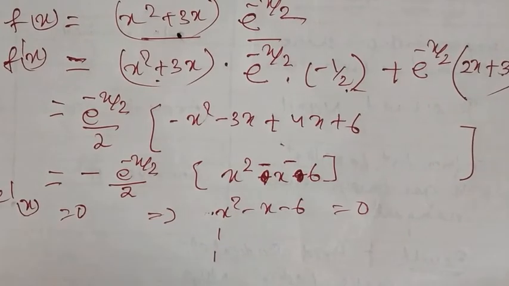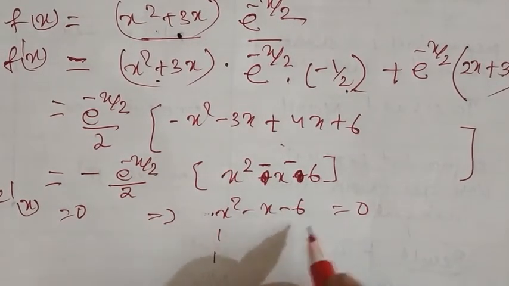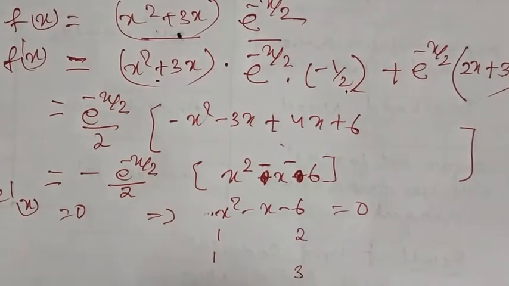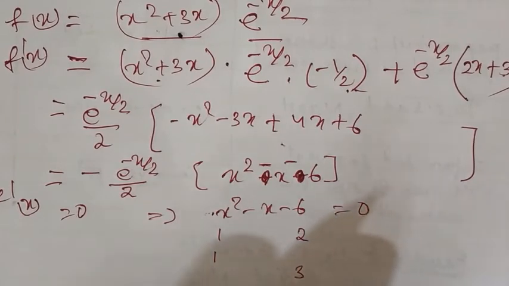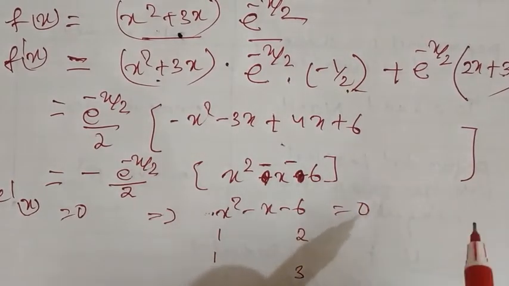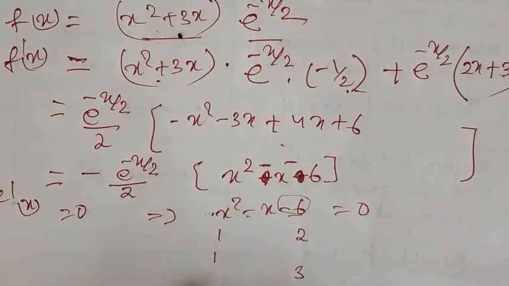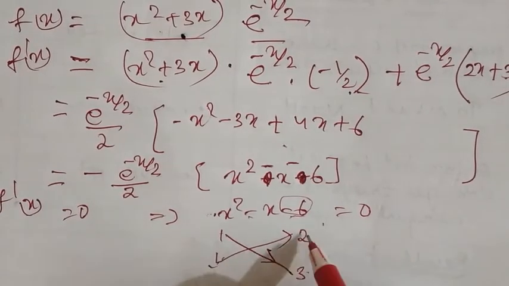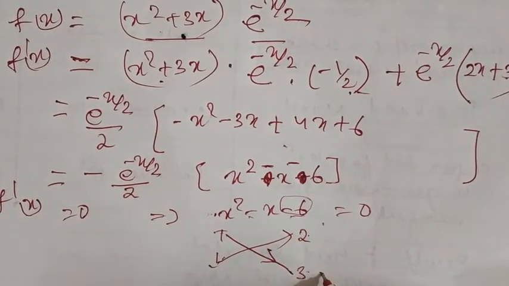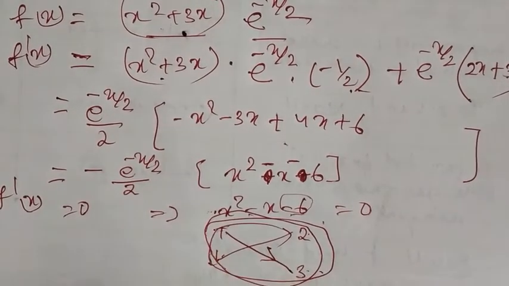Write this twice. And what are the factors of 6? 2 and 3. Now, my multiplication of two numbers is minus 6 and addition is minus 1. Yes, I take plus 2 and minus 3. Getting the idea? It is easy.